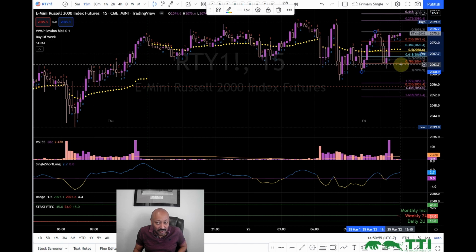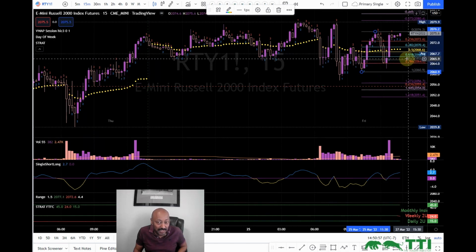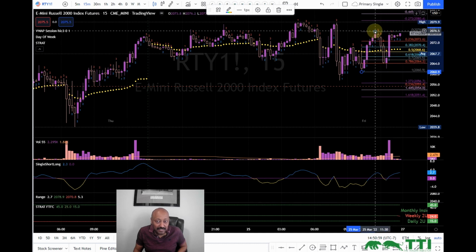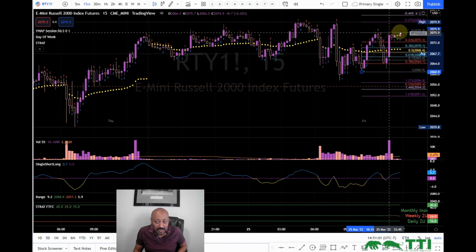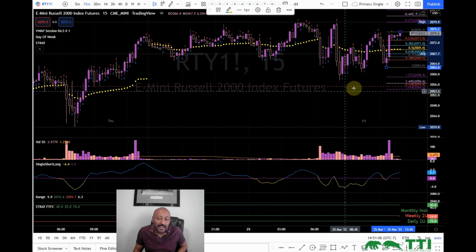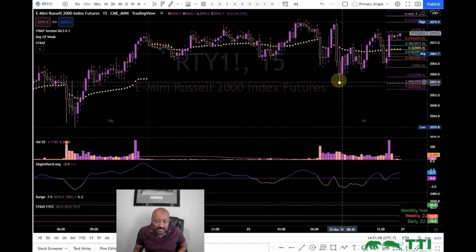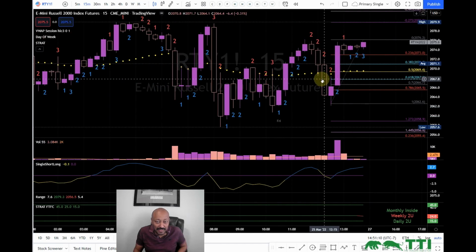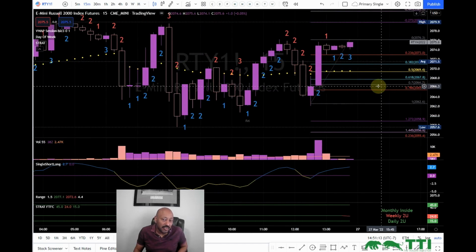We did not go below the 78.6, so this held. So now you have a new high and a new higher low and higher high. And if you're on the 15 minutes time frame, this is what you are looking at.